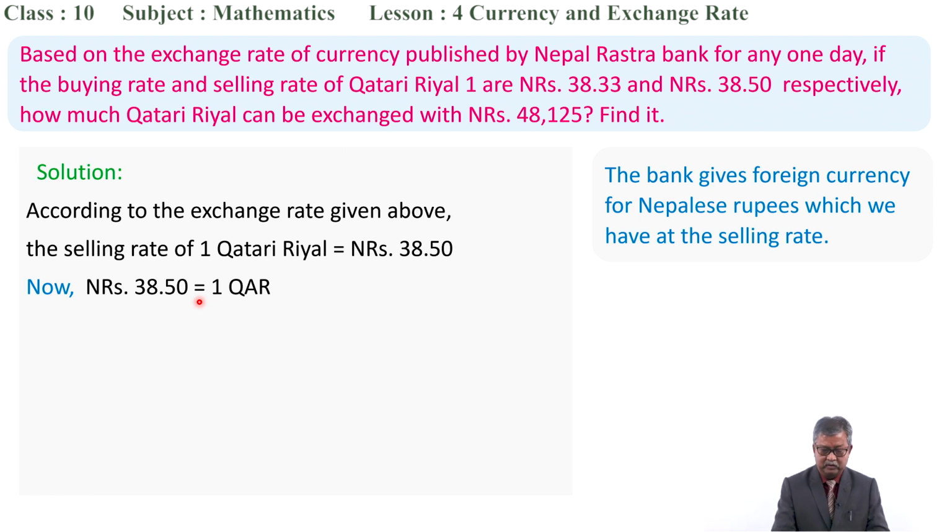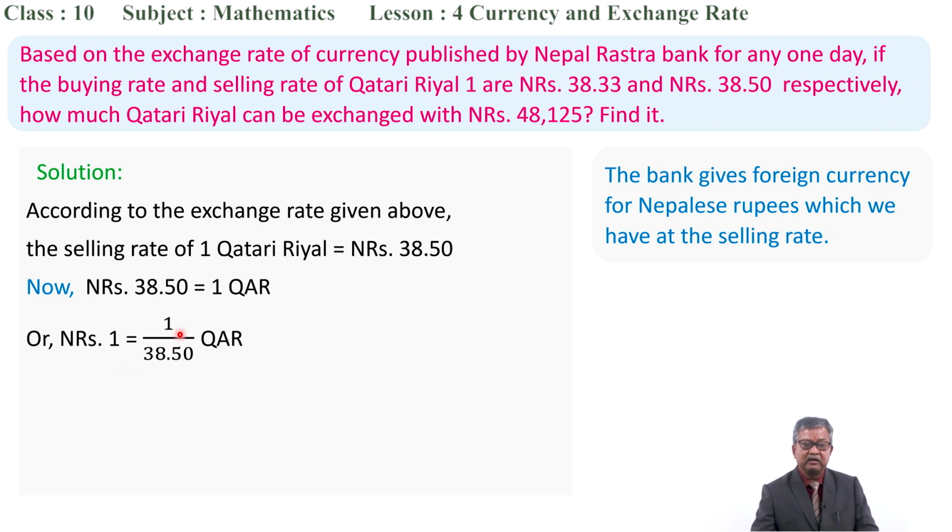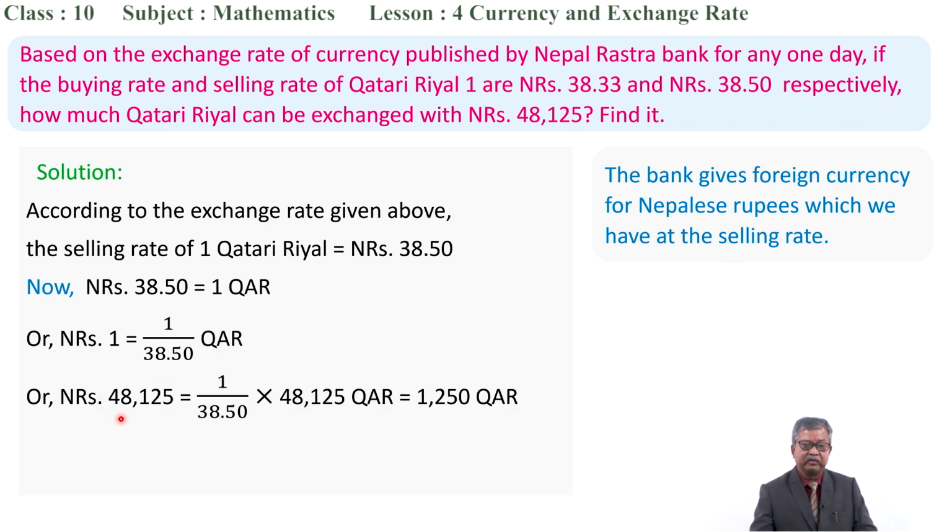So according to the unitary method, Nepalese rupees 1 is equal to 1 divided by 38.50 Qatari Riyal. Then how much Nepali currency? 48,125. So Nepalese rupees 48,125 is equal to 1 upon 38.50 into 48,125 Qatari Riyal.